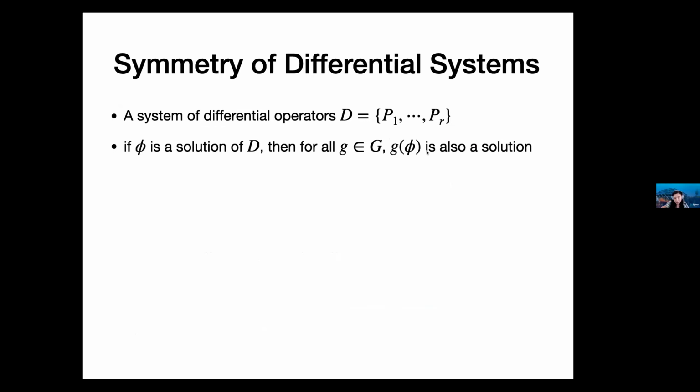If a differential system satisfies this kind of condition, then we say the differential system has a symmetry with respect to the group G. Based on this definition, we can figure out all the symmetries included in these 2 types of systems.